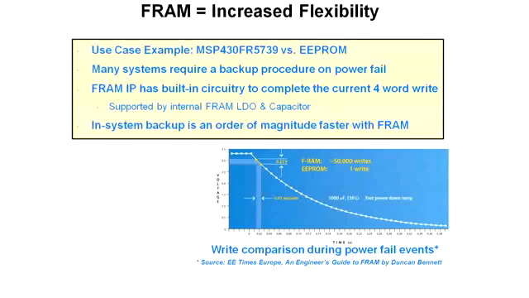The FRAM has built-in circuitry to complete the current 4-word write. That's completely supported by the internal FRAM low dropout regulator and the capacitor, so that the in-system backup is an order of magnitude faster with FRAM than you could do with double EEPROM.